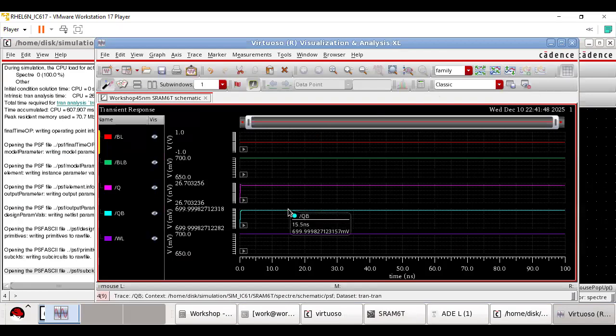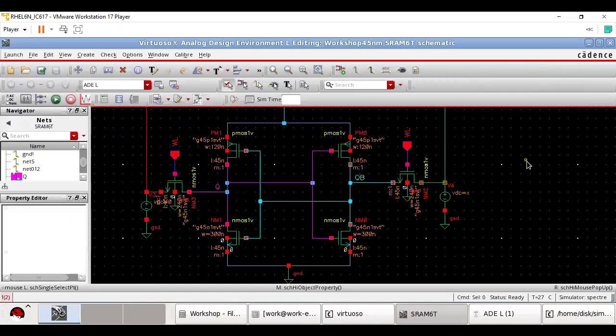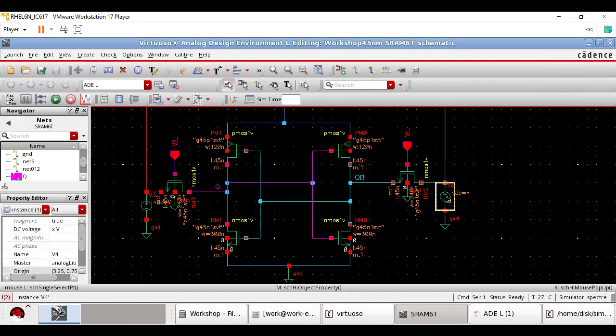Now the QB is 1 and Q is 0. Right? So that's how I write my SRAM cell: whatever bit I want to write on Q and QB, I give the potential at that point and approximately 0 at the other point.